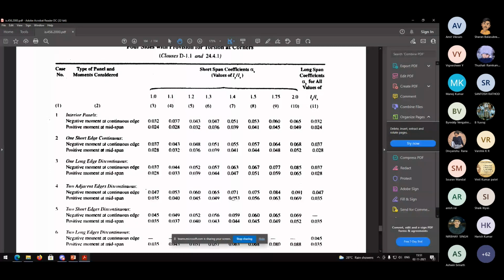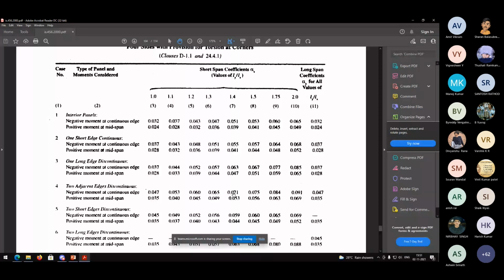Then for the moment along the x direction, you will do 0.071 into W, whatever load you have, into Lx, the length of the short span, squared. That will give you the moment in kilonewton meter per meter.